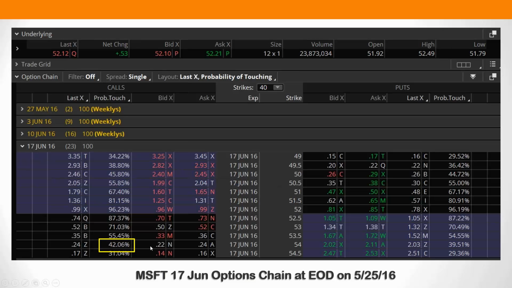It's just an opinion of prices getting bid up or down, which increases or reduces the implied volatility, which in turn has an effect on the formula for probability of touch. So that's what they're saying.